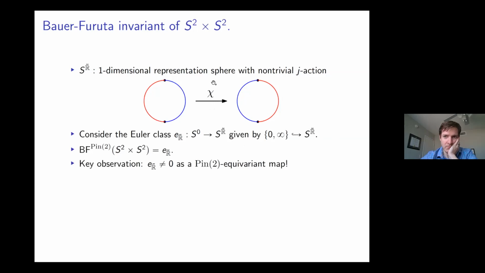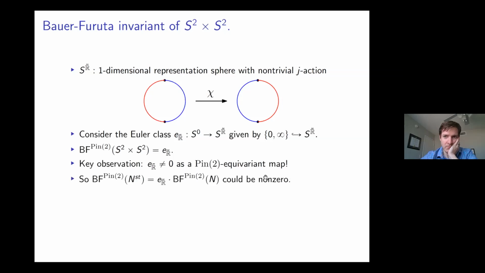As a Pin(2)-equivariant map, this map is not null-homotopic. You may try to move these black dots along any path to make it into a constant map, but because of this non-trivial J action, you are not allowed to do that. Recall that the J action on S^0 is trivial, so you cannot really move this point down. So this is a non-trivial Pin(2)-equivariant map.